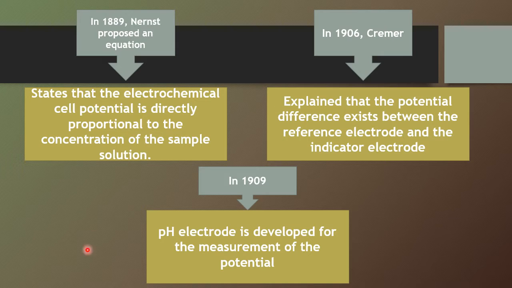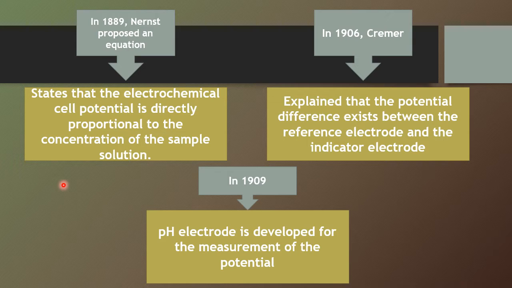So basically, as far as the brief history of electroanalytical methods is concerned, in 1889, Nernst proposed the equation which states that the electrochemical cell potential is directly proportional to the concentration of the solution.